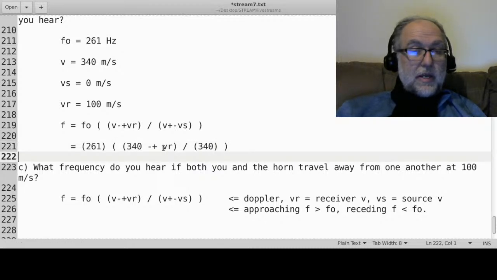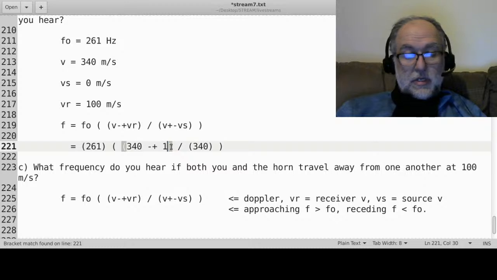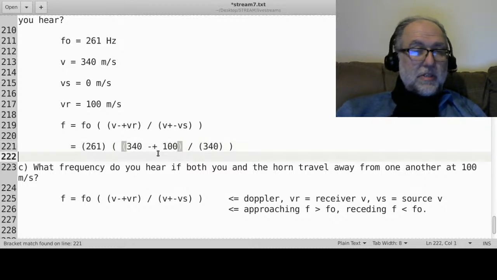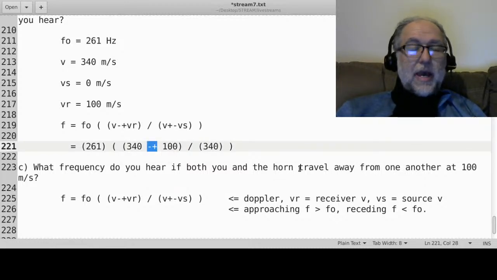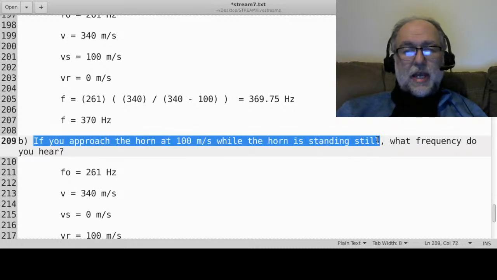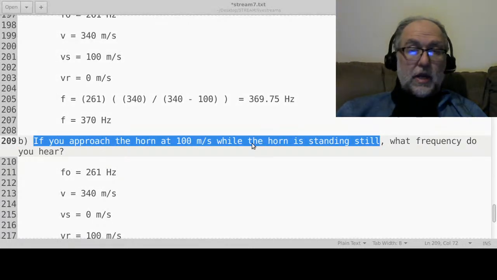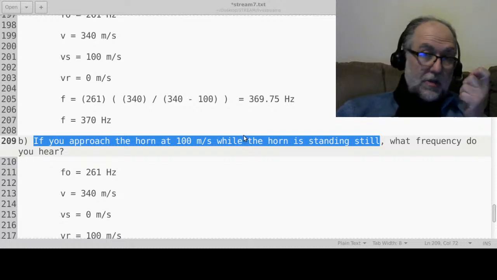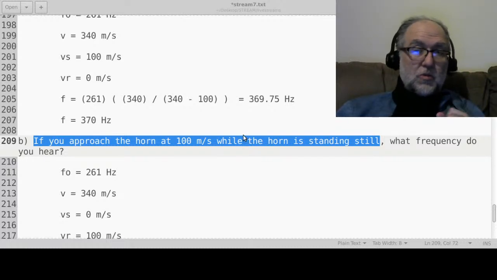The denominator is fine. Here we have 100, and we have to decide: do we subtract or add? If we subtract, the frequency will go down. If we add, the frequency will go up. Are they approaching or receding from one another? They are approaching. For the decision of the plus or minus, it doesn't matter which one is really moving.